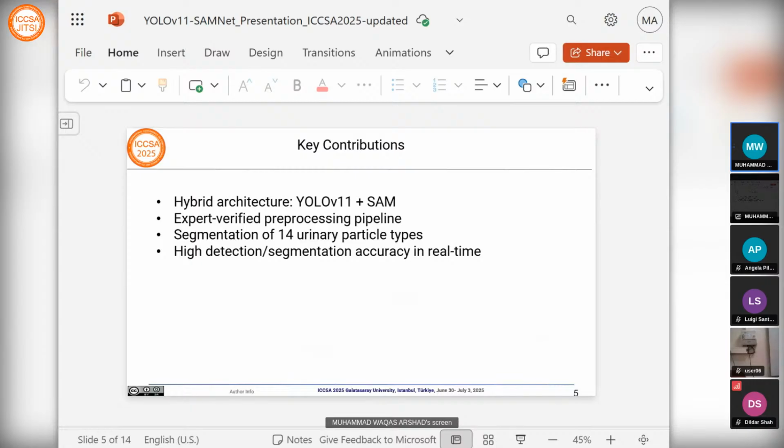Third is the model capability of segmentation for 14 urinary particles, a comprehensive range for clinical use. And finally, the framework achieves accuracy in both detection and segmentation in a real-time scenario.